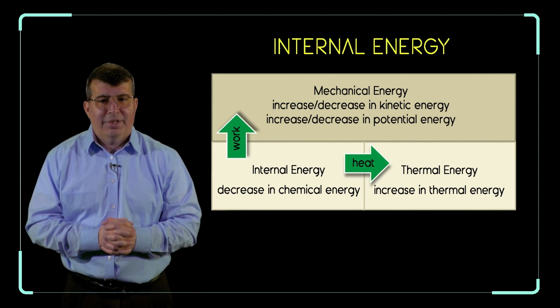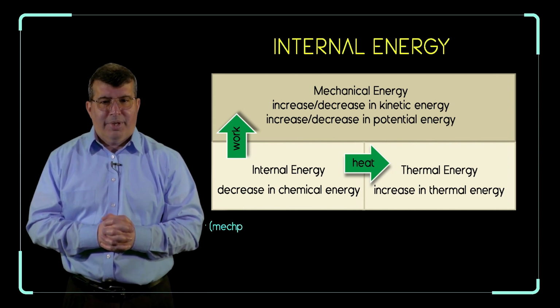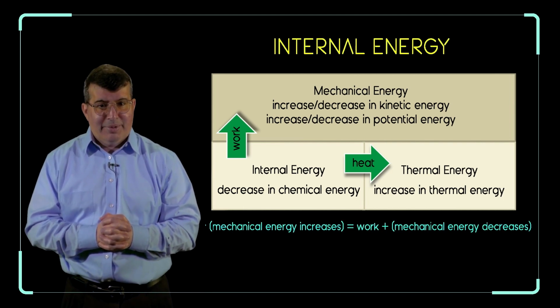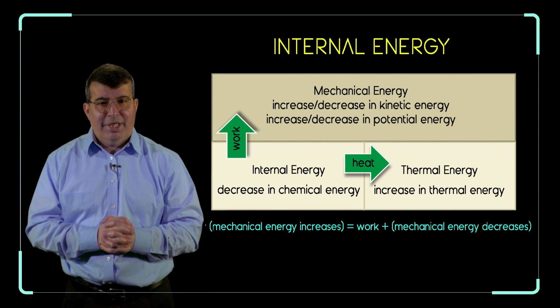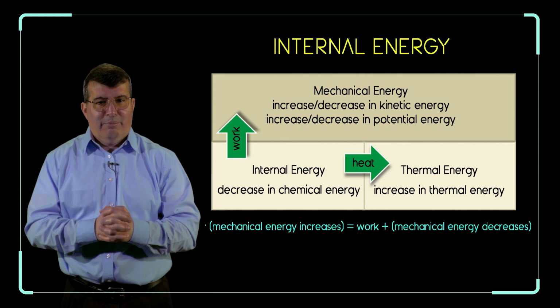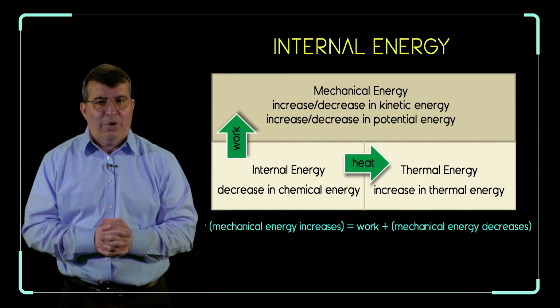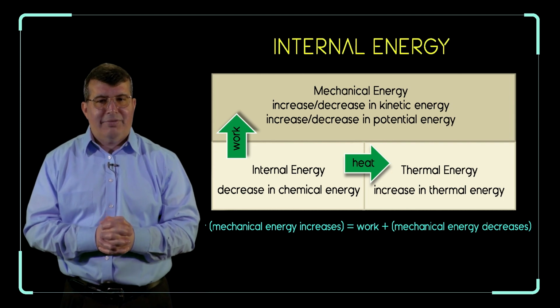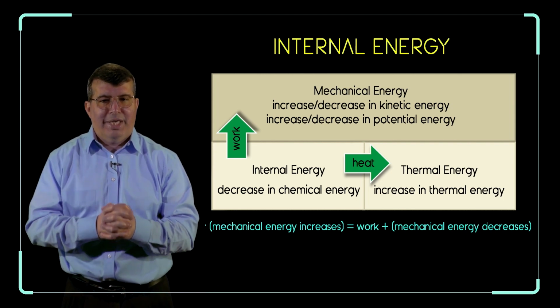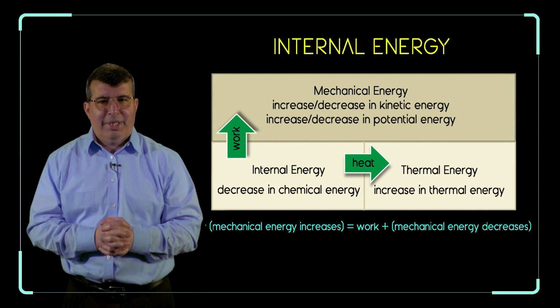So let's take a look at our energy principle. Our energy principle is the same, okay? Mechanical energy increases equal the work done plus the mechanical energy decreases. And in this case, the work comes from inside of the object, from a conversion of internal energy into mechanical energy.